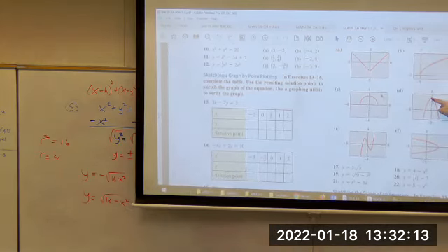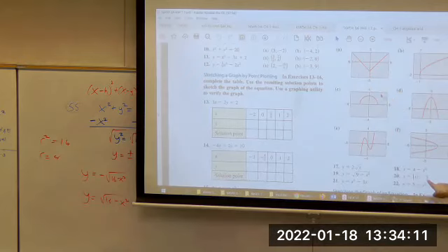Now, absolute value. Absolute value is V-shaped. Only one of these is V-shaped. Absolute value of 0 is 0, and then you take away 3. 0 minus 3 would be negative 3.